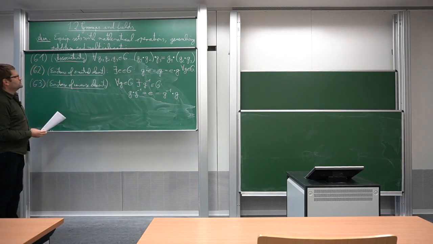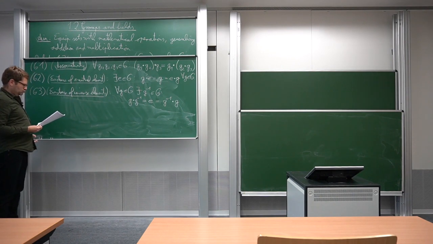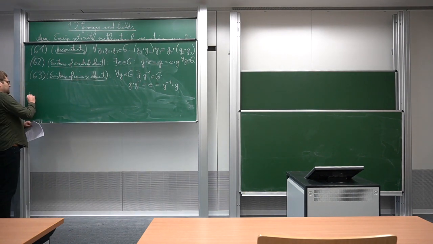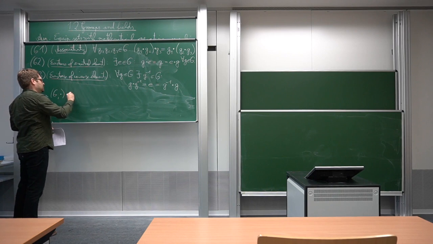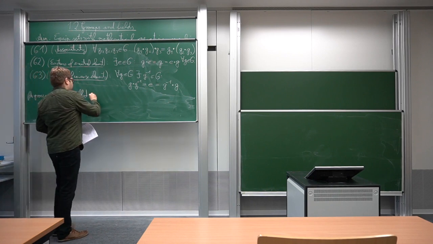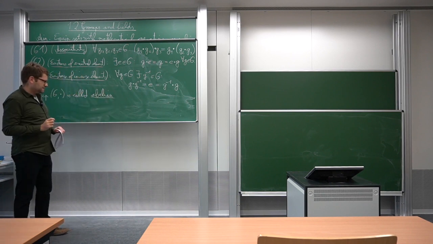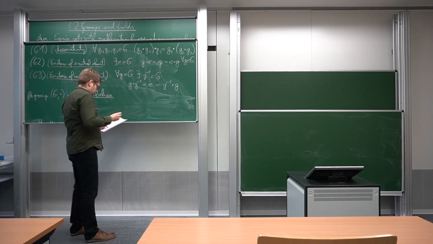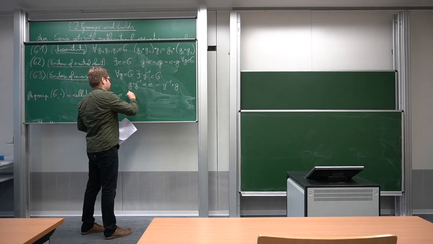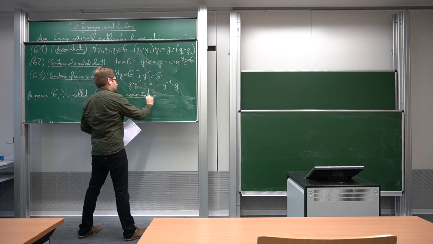So if you have some G and some operation dot such that these things are satisfied, this is what we call a group. Additionally, such a group G dot is called abelian, named after the famous mathematician Niels Henrik Abel, or commutative, if the following holds.